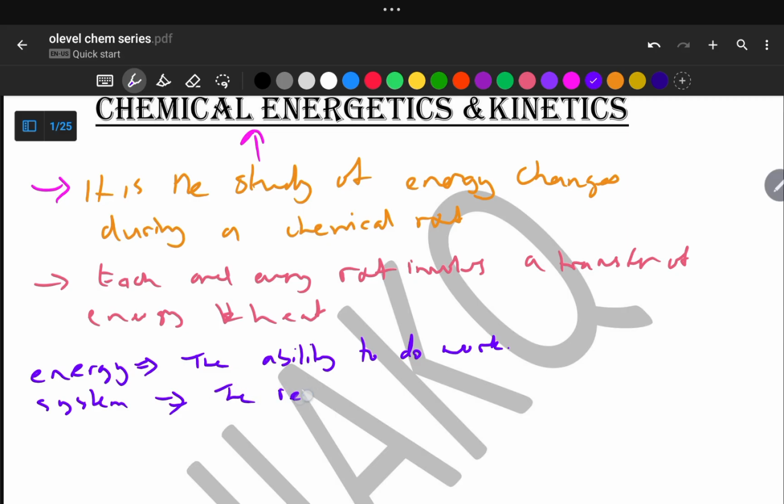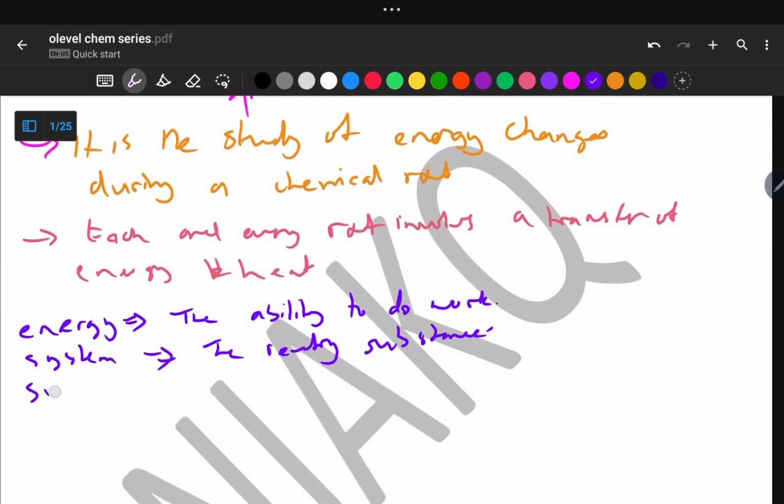So you can say the reacting substances. And then we go on to explain what we call the surrounding. We define endothermicity or exothermicity with respect to the surrounding, which is everything outside the system. Are we together?